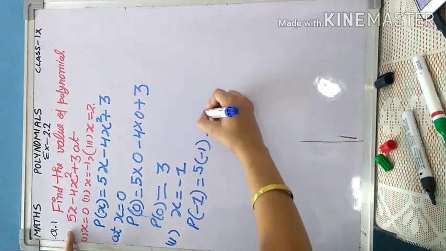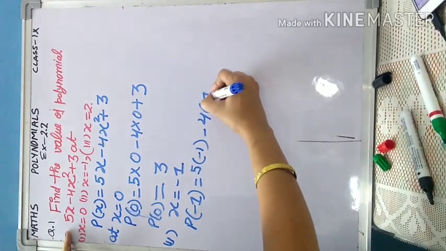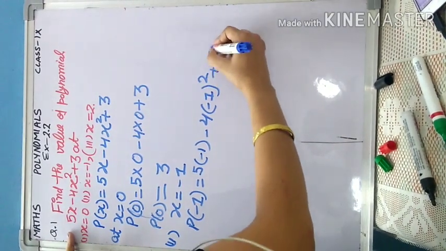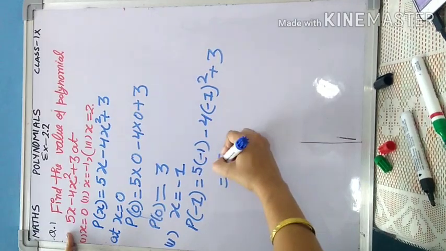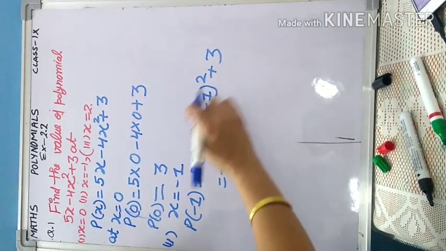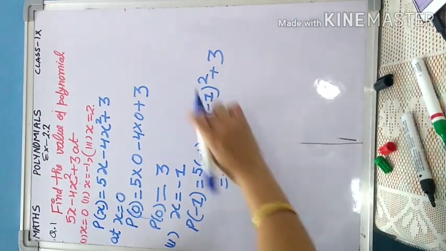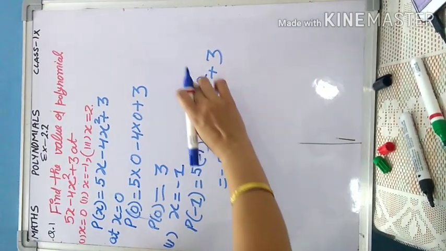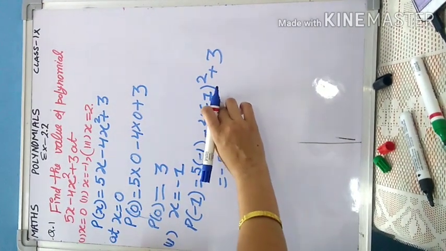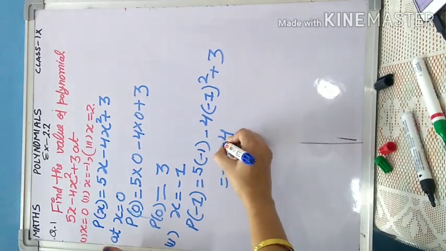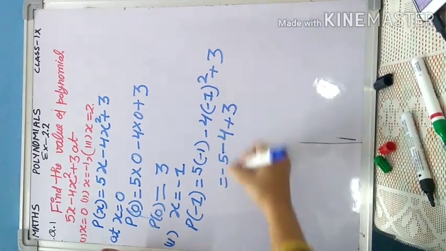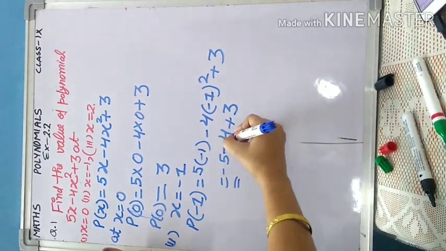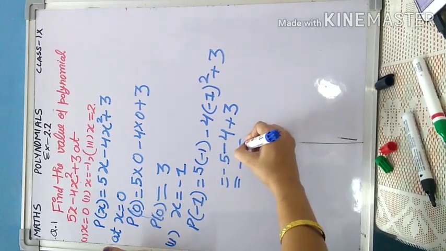Minus 4 will be as it is, and this is minus 1 square and plus 3. Okay, you will be solving it. This is minus 1, this is minus, plus 4. Okay, you will be writing it. Minus 1 square will be 1, and 1 into minus 4 will be minus 4 and plus 3, that is minus 9 plus 3 will be minus 6.